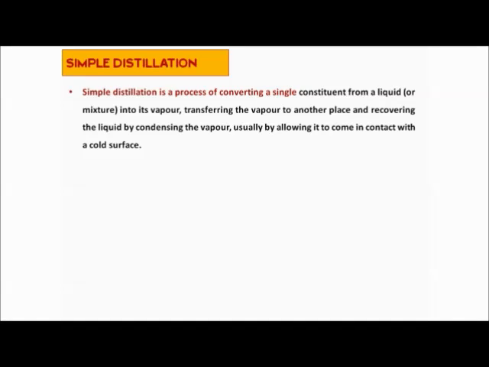Suppose we have a liquid in which one component, or sometimes two but usually one, is present. We vaporize the liquid, and after heating, these vapors are taken to another place where they are subjected to condensation. After condensing the vapor, we get the liquid back.